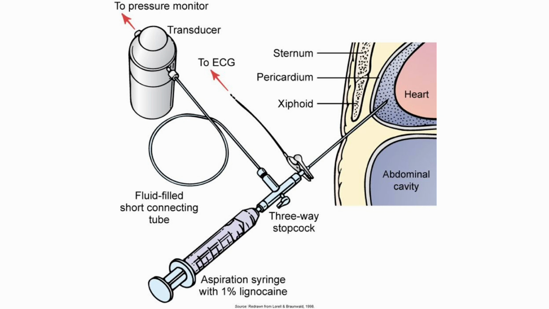As soon as you see a jump in your ST, an ST elevation, you've tapped the heart, so pull back just slightly and you're in the perfect space. Using ultrasound, again, ultrasound guided needle pericardiocentesis. And that is shortness of breath, respiratory distress.